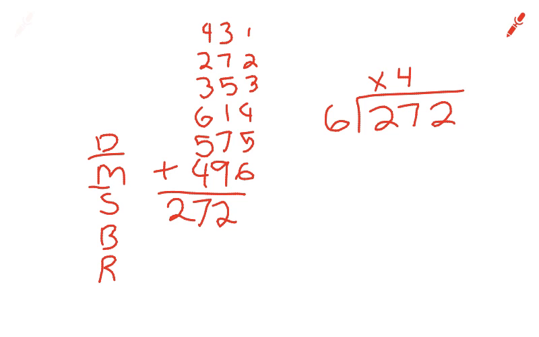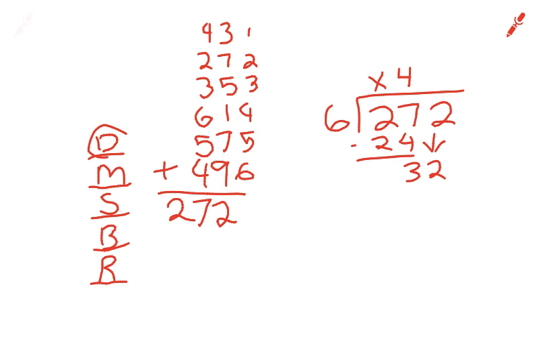Now we do our mom step of multiply. 6 times 4, we get 24. Now we do our sister step of subtract. 27 minus 24, we get 3. We do our brother step of bring down the 2. And now we do our rover step of repeat or remainder. Here we're going to repeat.